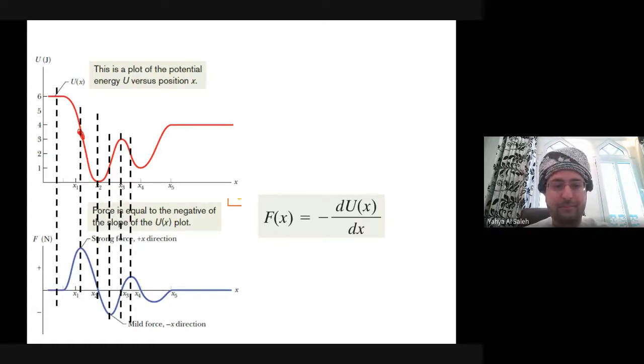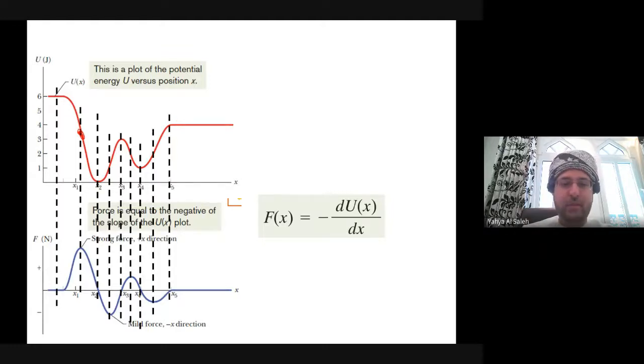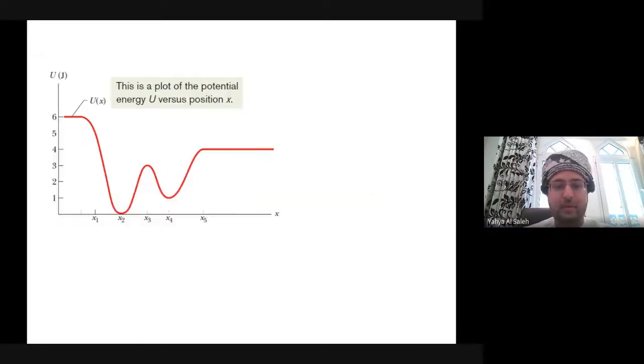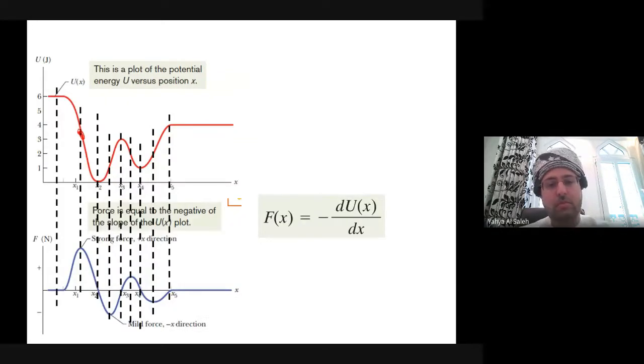Okay. So we keep doing this and we see a clear correlation between the magnitude of force and the slope of the potential. Now, here we have a force, here we can have a force, and here we can have a force as well.